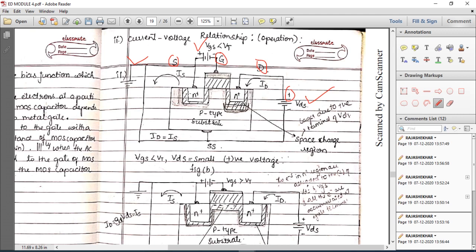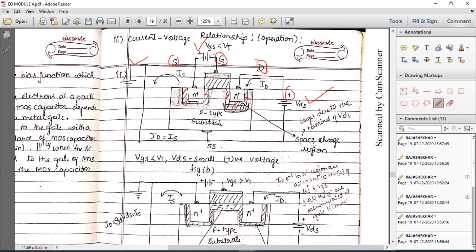So here it is shown between the N plus and P type through this line. This is the area which is reverse biased, and I call it the depletion region. This is what happens between the P type substrate and the N plus region once I connect positive VDS to the drain terminal and a negative potential to the gate. It creates one depletion region between the N plus area and the P type substrate.